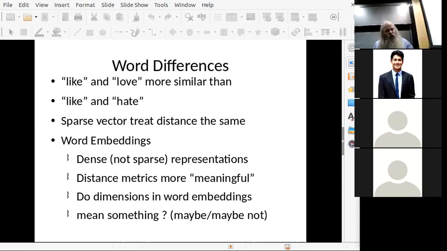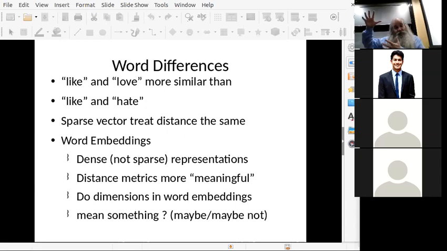And that's not the same as meaning. But it's definitely way better than just representing like as 376, love as 487, and hate as 2. That doesn't mean anything at all.